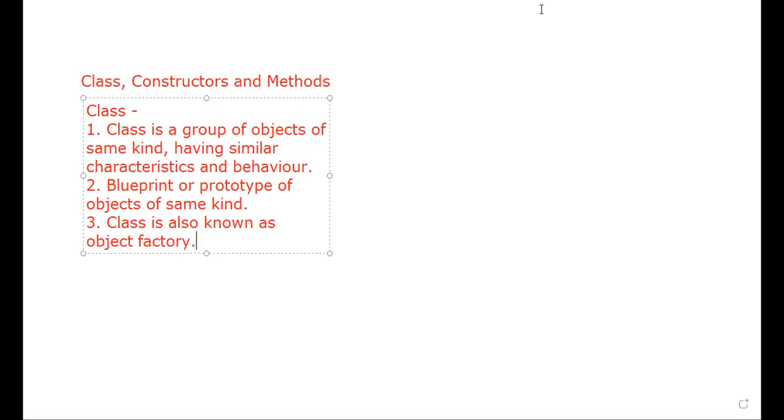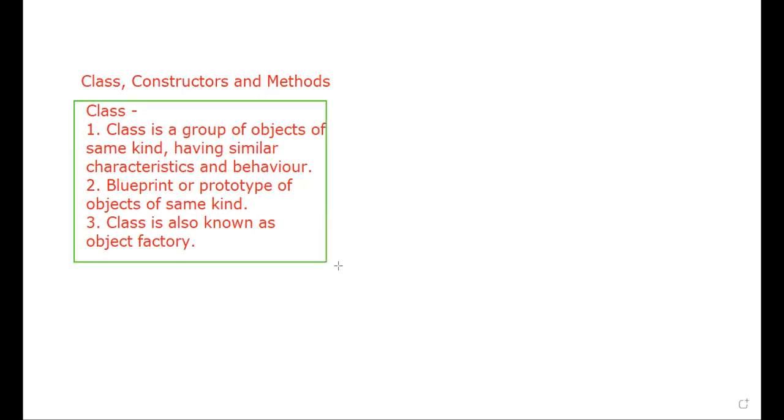It means that the class has many objects. Once a class is defined, you can create as many objects as you want. So that is the reason class is known as an object factory.